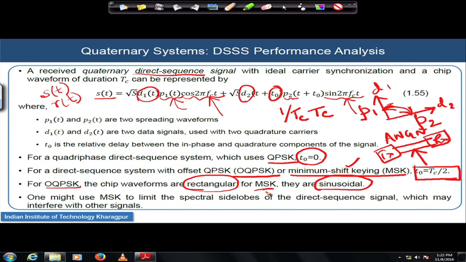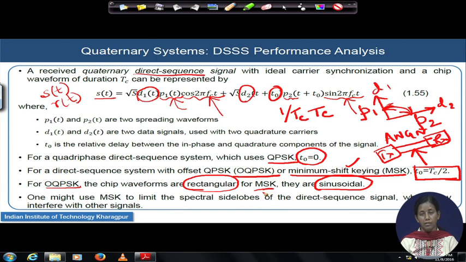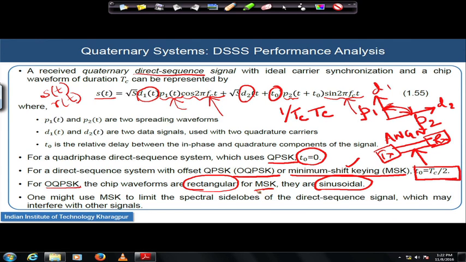In that sense, MSK gives you the plus point, because most of the modulated signal power will be confined within the main lobe, and the side lobe powers are heavily decreased when spreading is done, compared to orthogonal QPSK or QPSK.